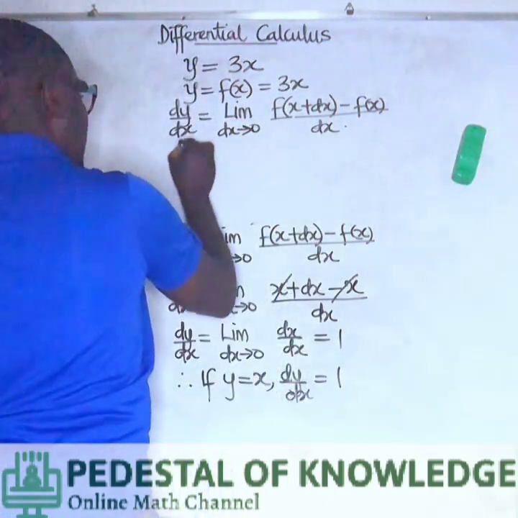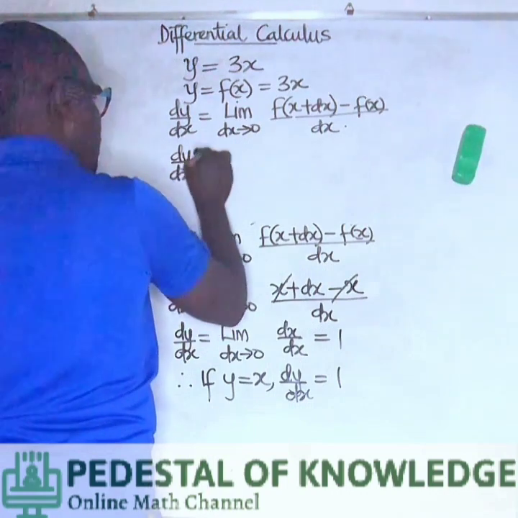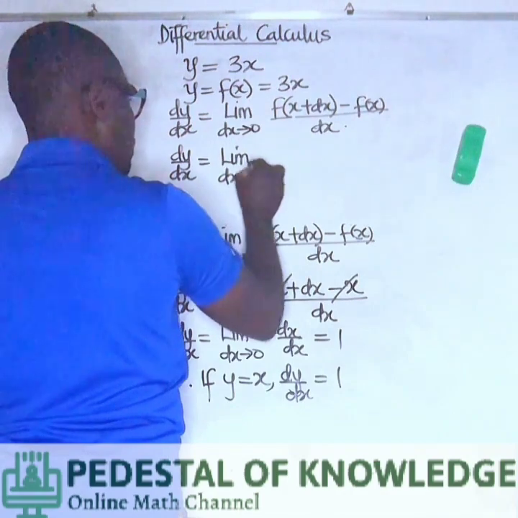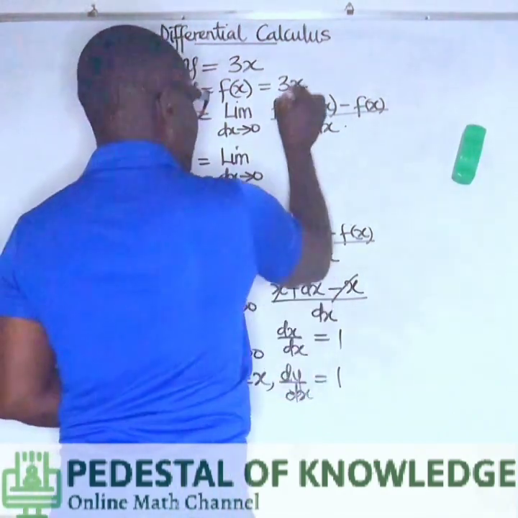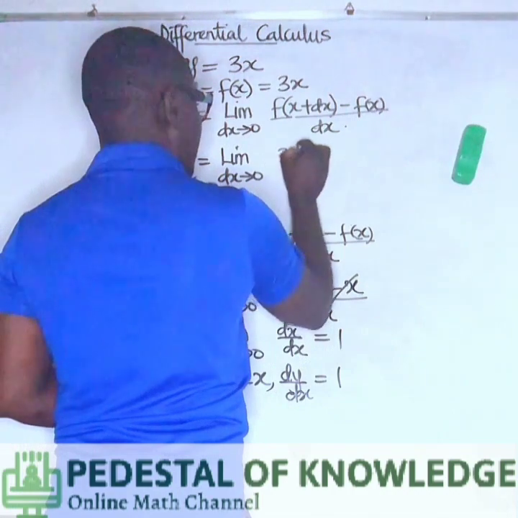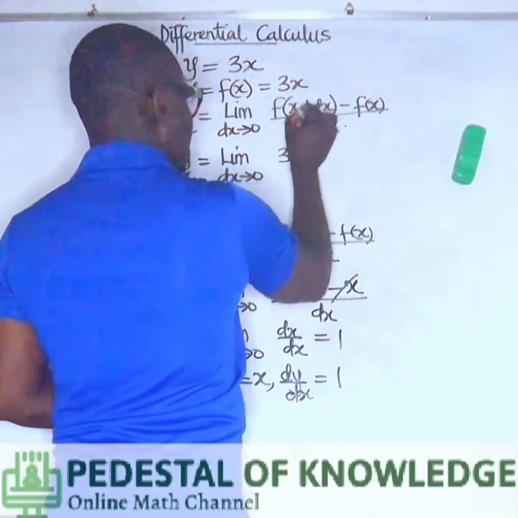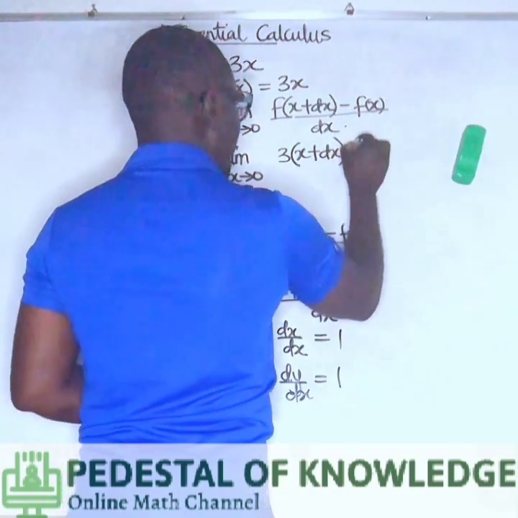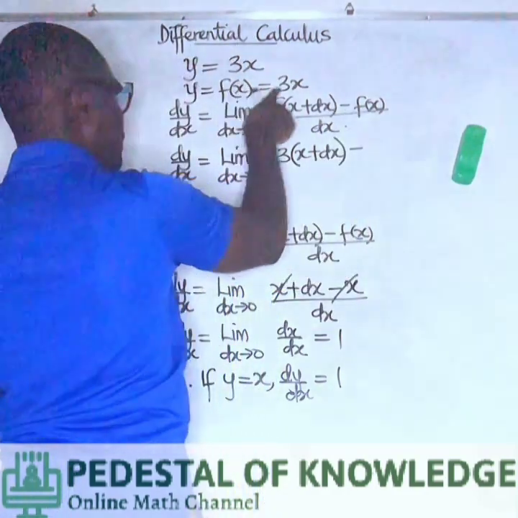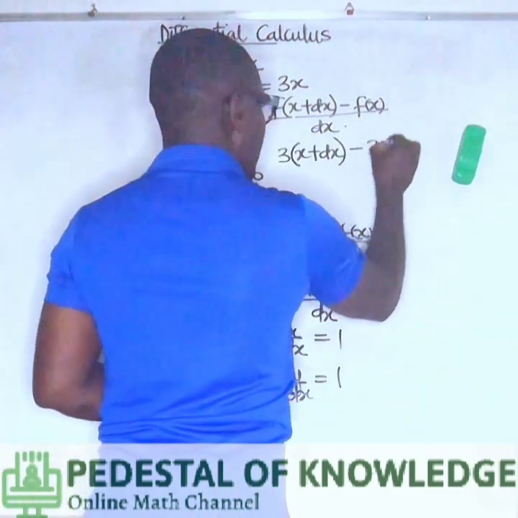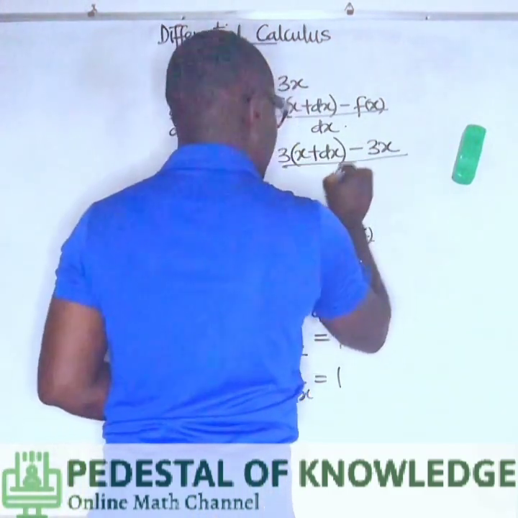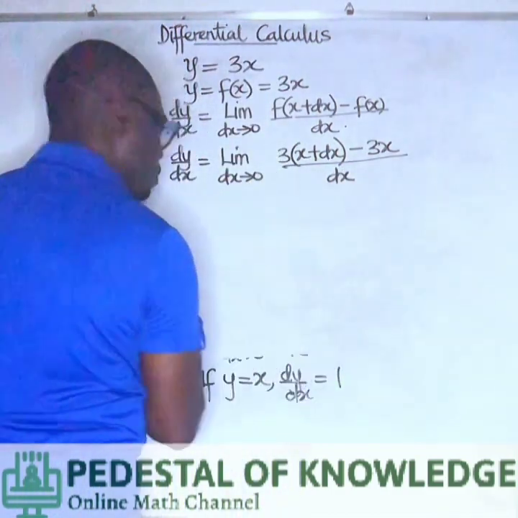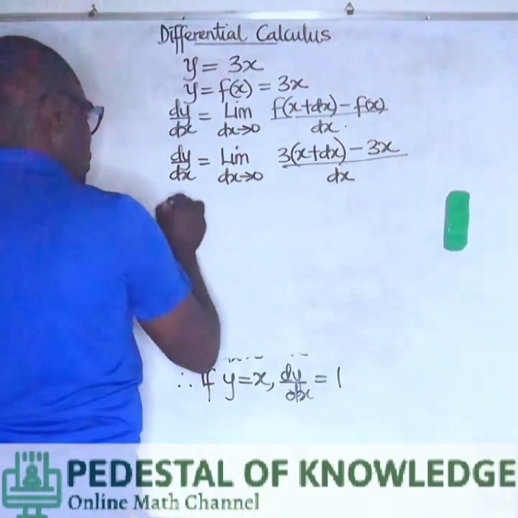So dy dx is equal to the limiting value as dx approaches 0 of 3 into, we are replacing this x now with x plus dx, then minus, remember that f of x is given to us as 3x, divided by dx. Okay, now we continue.